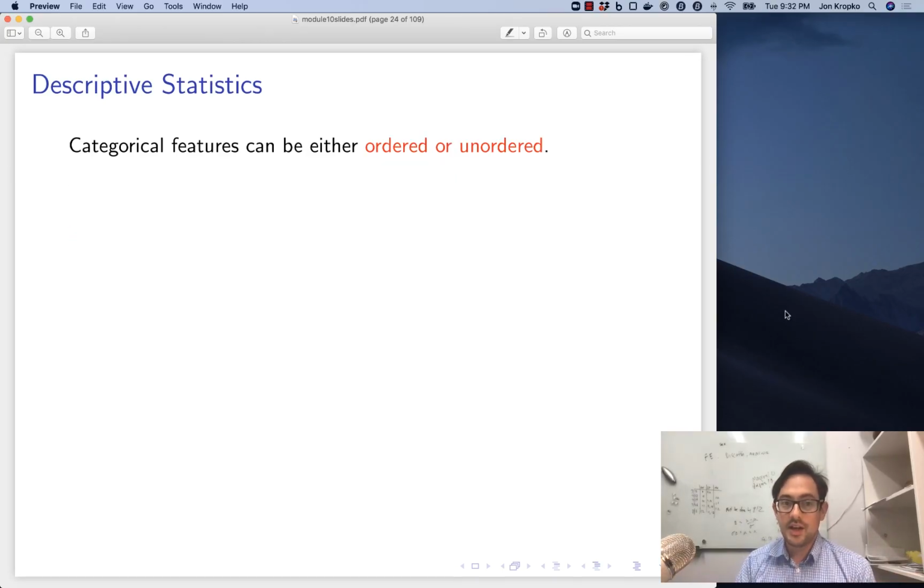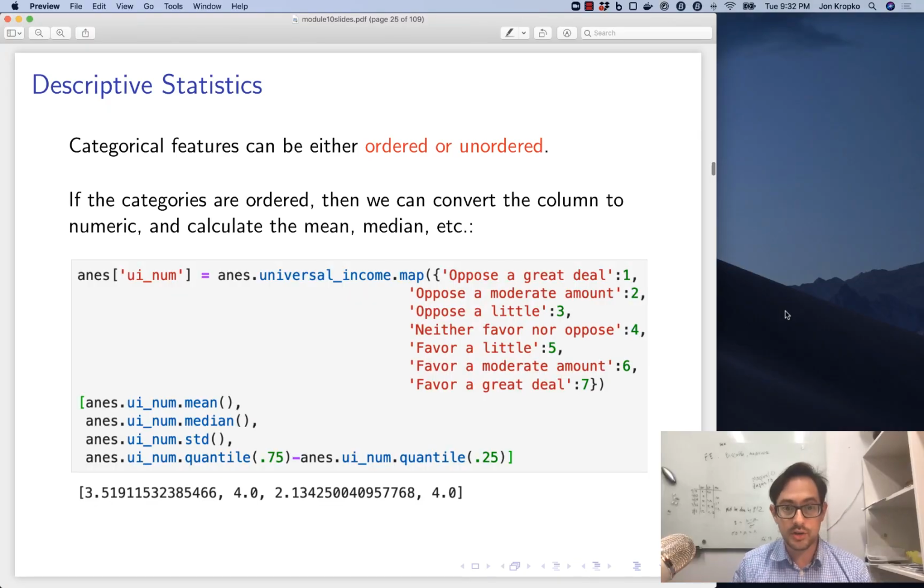Okay, let's talk about categorical features. They can either be ordered or unordered. An ordered categorical feature has categories that can be put into a natural order. So here are, in the ANES, the responses to the feature that asked, how do you feel about a universal basic income? And so people were asked to rate their position from oppose a great deal all the way up to favor a great deal.